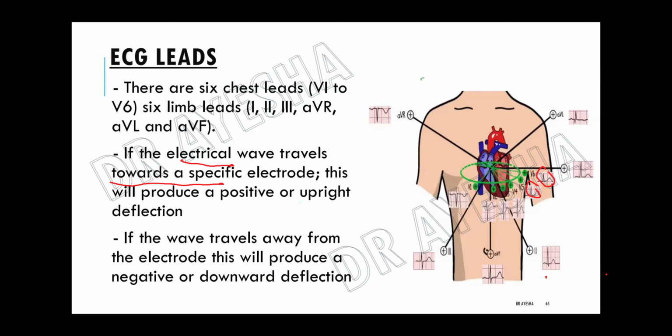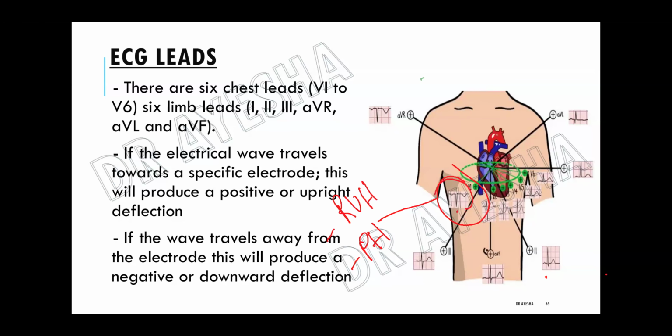That is why you see this. V1 is very specific to look for right ventricular hypertrophy and pulmonary hypertension. So what we learned is that normally in V1, because this is the right side and our electricity is more towards the left side, you find a downward deflection of the QRS wave and a downward deflection of the T wave.